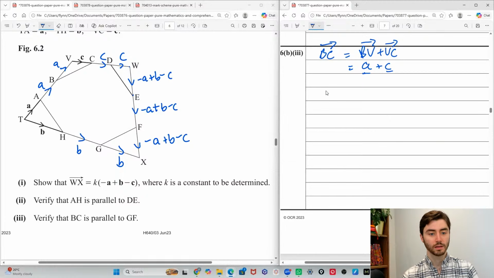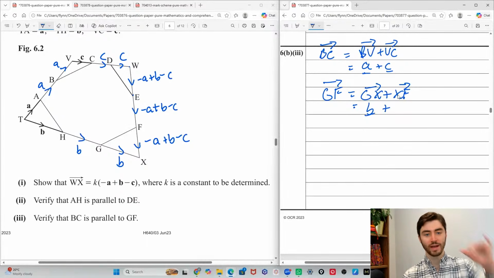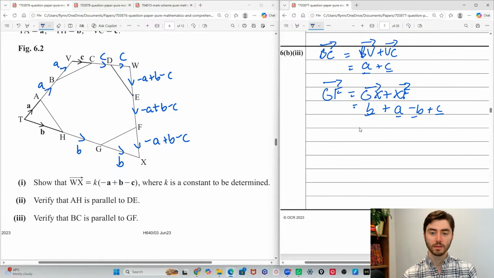And GF is GX plus XF. Now that matters because I'm about to go against the arrow. So that's B plus, now XF goes the other way. So that's plus A minus B plus C. So that will be equal to A plus C, where again, BC equals GF, therefore parallel.